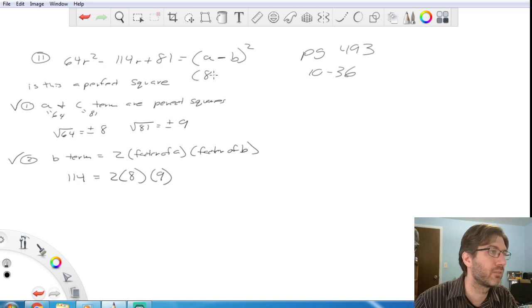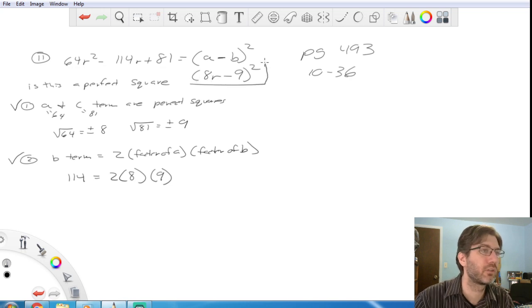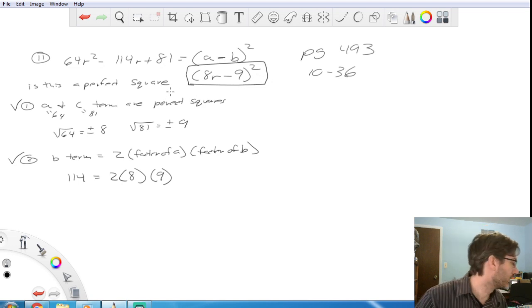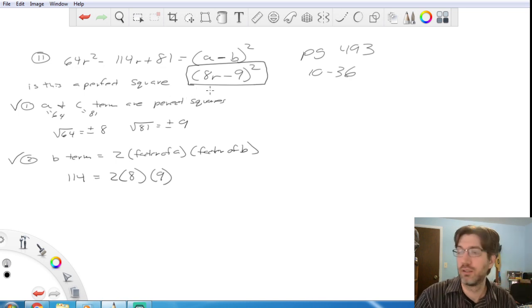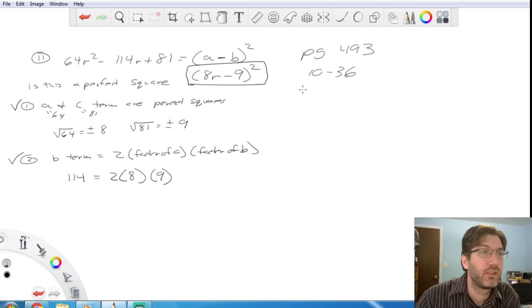So here we have 8r minus, and then square root of b is 9, squared. So this here is your final answer. Again, you can probably do these two steps in your head. You don't have to show much work. You can just probably go right from here to here. Any other questions?